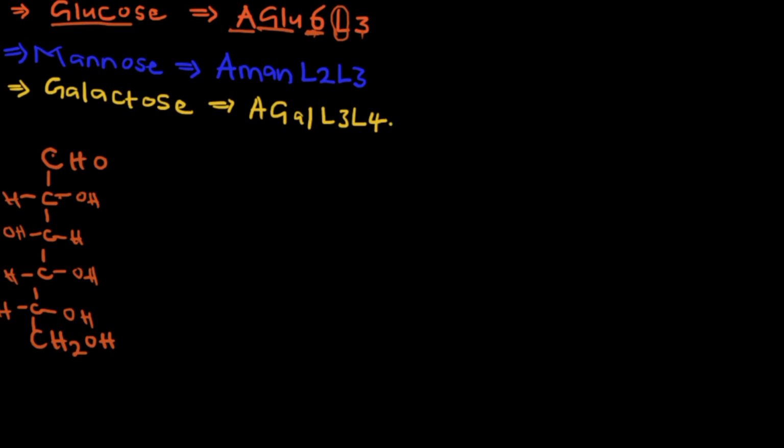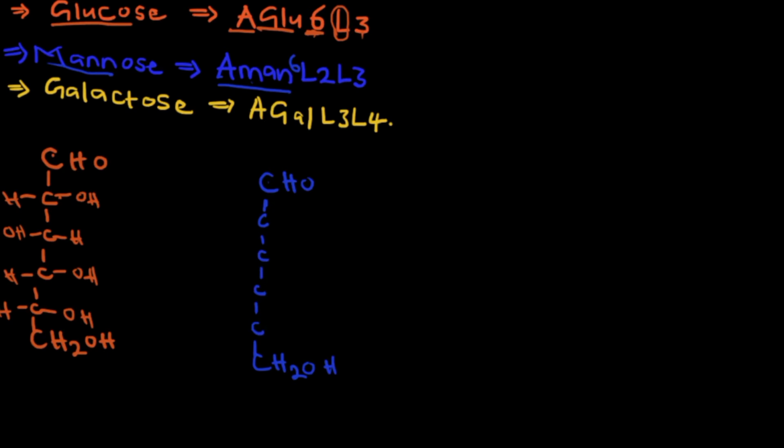So next one is mannose. I have this code for mannose. A first stands for the aldehyde backbone, the aldose backbone. Then man tells me I'm dealing with mannose. Oh, I missed the number of carbon, which must be 6, so here is 6. So I have 6 here as the number of carbon: 1, 2, 3, 4, 5, and the sixth one here.